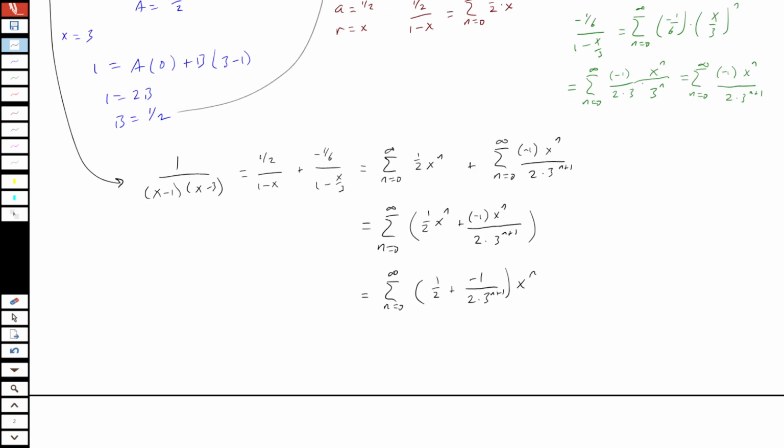So I'm going to multiply by 3 to the n plus 1 on top and bottom here. So I'm going to have 3 to the n plus 1 minus 1 over 2 times 3 to the n plus 1, times x to the n. So that's a series for our function.